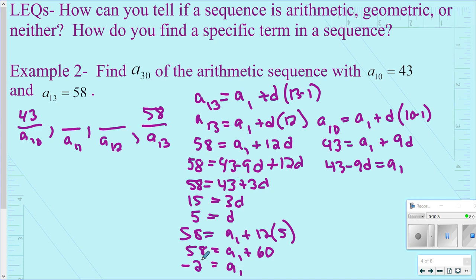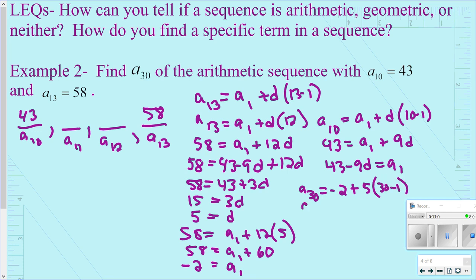So now that I know the first term, now I can go ahead and find the 30th term, which is what I wanted all along, using my explicit formula. So a sub 30 is equal to the first term, negative 2, plus d, which we got as 5, times n minus 1, so 30 minus 1.